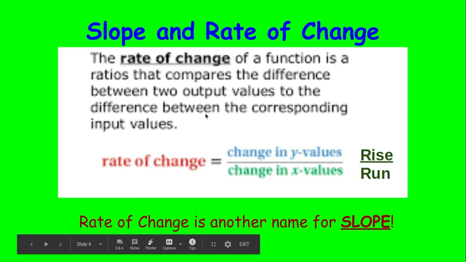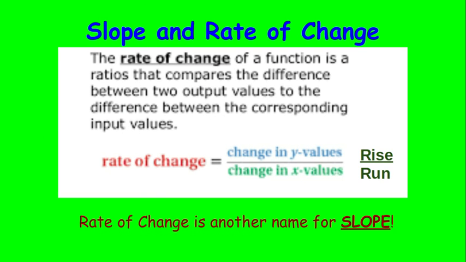Ooh, that's a little blurry, this enlarged, but that's okay. So the rate of change of a function is the ratio, aka fraction, that compares the difference between two output values to the difference between the corresponding input values. Now, in all of our work with functions, we've learned that output values are your y values, and input values are your x values.